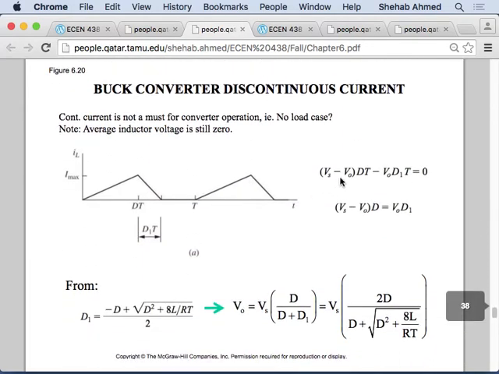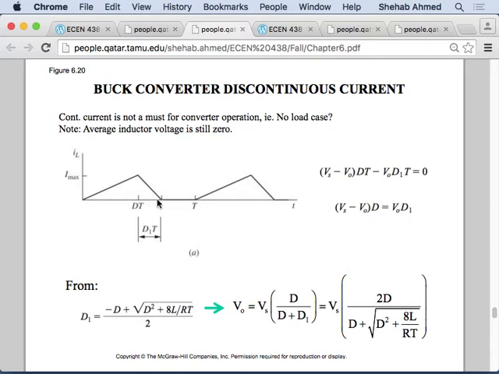So it's V input minus V output times dt, minus the other area should be 0. The other area is the time duration between this point where the switch opened and the current fell down to 0. This is the period where I will have voltage being negative across the inductor.